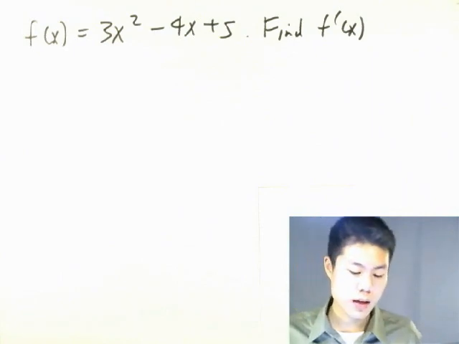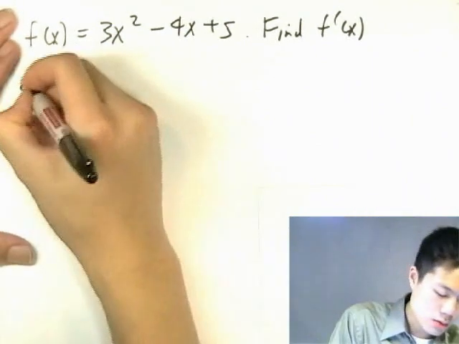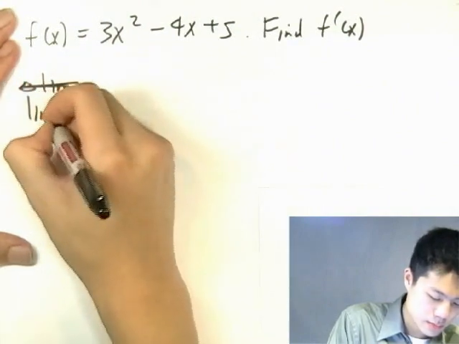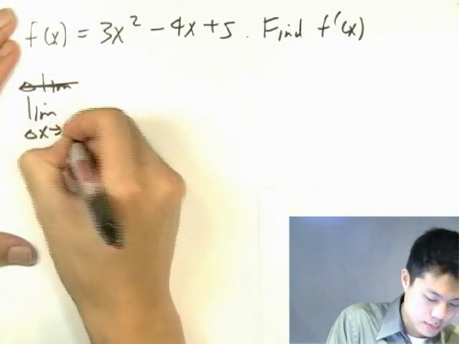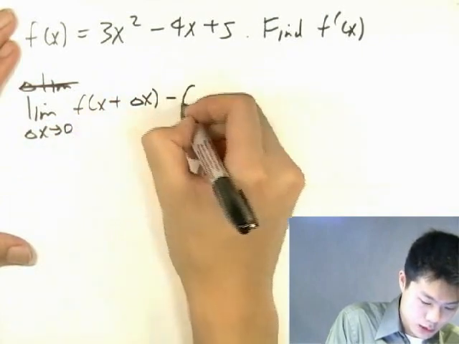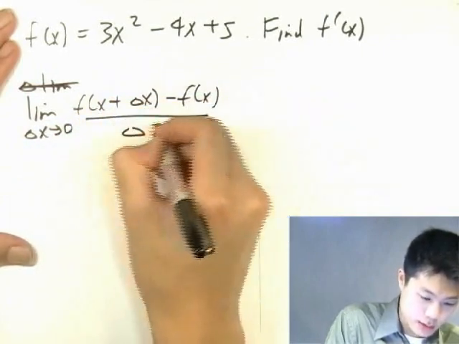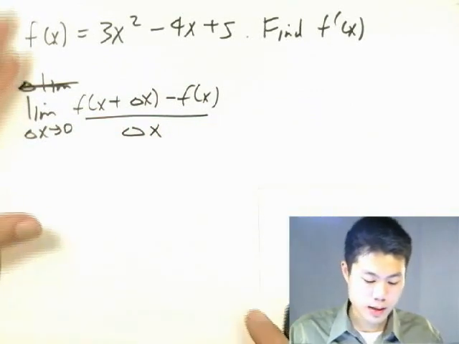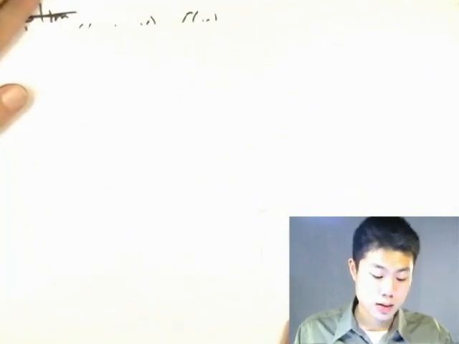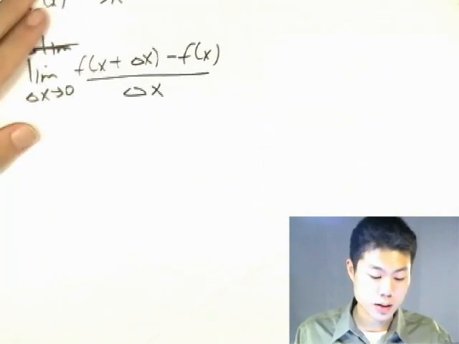So find f prime of x. So we first use the limit notation. Let me write that out again for us. Okay, so that's that. So we're going to use this notation here.